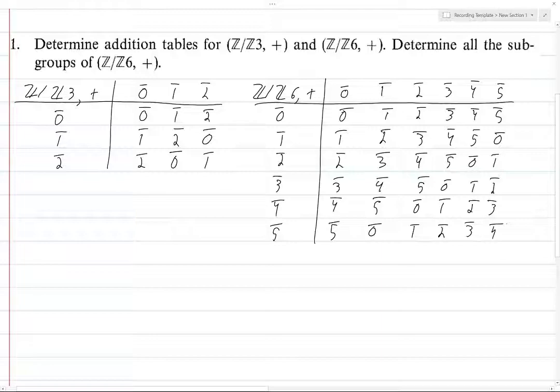Alright, so now we have to determine all the subgroups of this group. By Lagrange, for any subgroup, and this is a notation for subgroup that I learned recently and have started adopting, H less than G to mean subgroup.